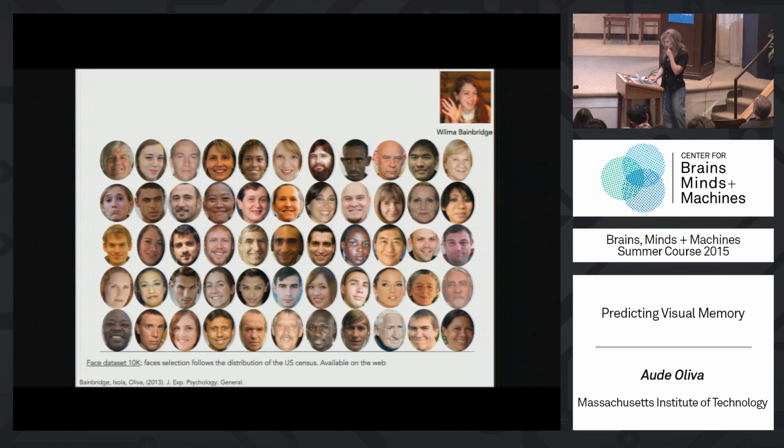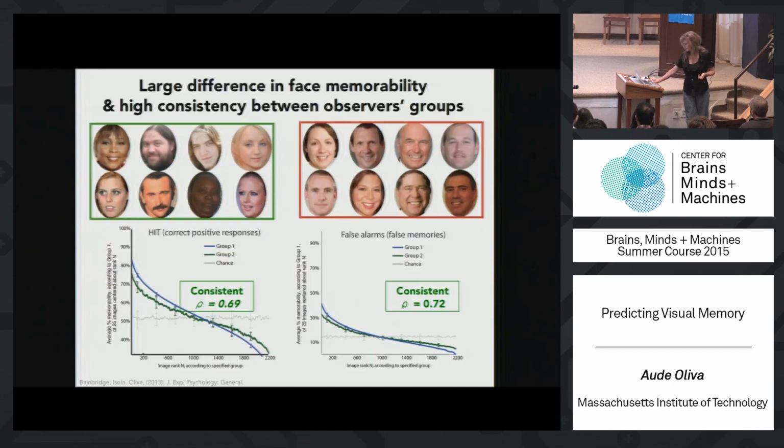So we gathered a data set of 10,000 faces. The paper is published, and the entire data set is available on the web. You can go and download those 10,000 faces, as well as all the attributes that we studied with that data set. And we also found the same phenomenon, very high consistency, both in the correct positive responses when people remember seeing a face, as well as in the false alarms when people did not see a face but falsely thought that they saw a face and pressed the key.